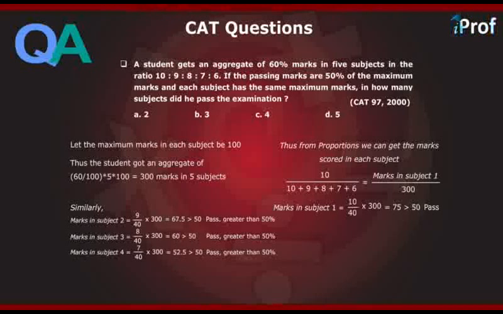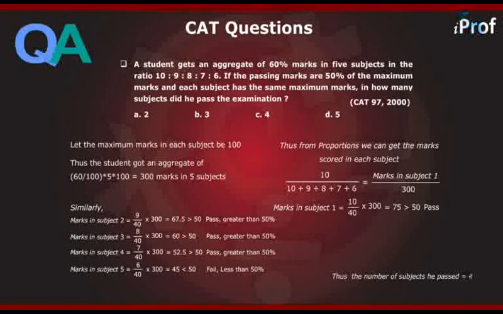Hence, he passed in subject 4. Marks in subject 5 is equal to 6 divided by 40 into 300, which is equal to 45, which is less than 50, that is the 50% pass marks. Hence, he failed. Thus, the number of subjects he passed in is 4. Hence, the correct alternative is C.